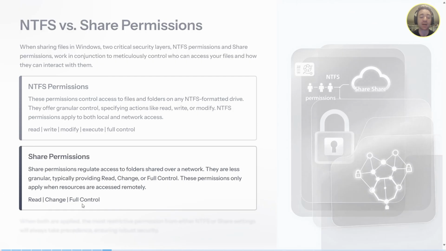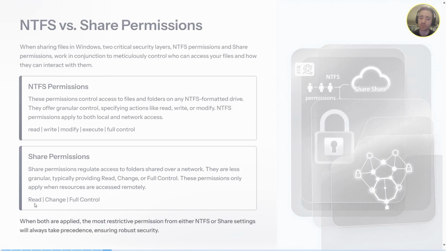Share permissions, despite being set to full control, will go back to read because it has to align with the most strict of the two. So if you have NTFS and share permissions both applied, when someone actually tries to access it, they will only be given the most strict level of control outlined among these two, and the other one will be ignored, and will revert to the strictest for maximum security.